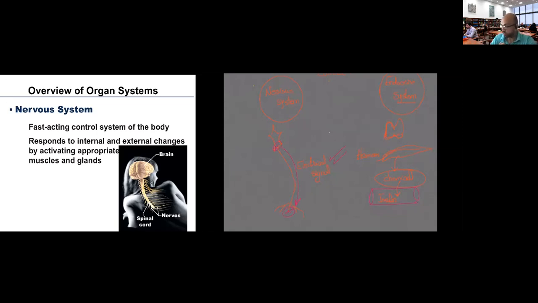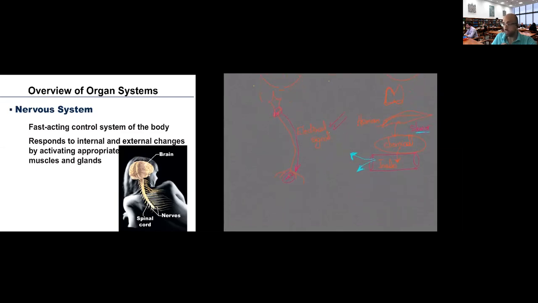How about the endocrine system? Endocrine system acts much slower. It's fast, but it's slower than your nervous system. And who gets blood?